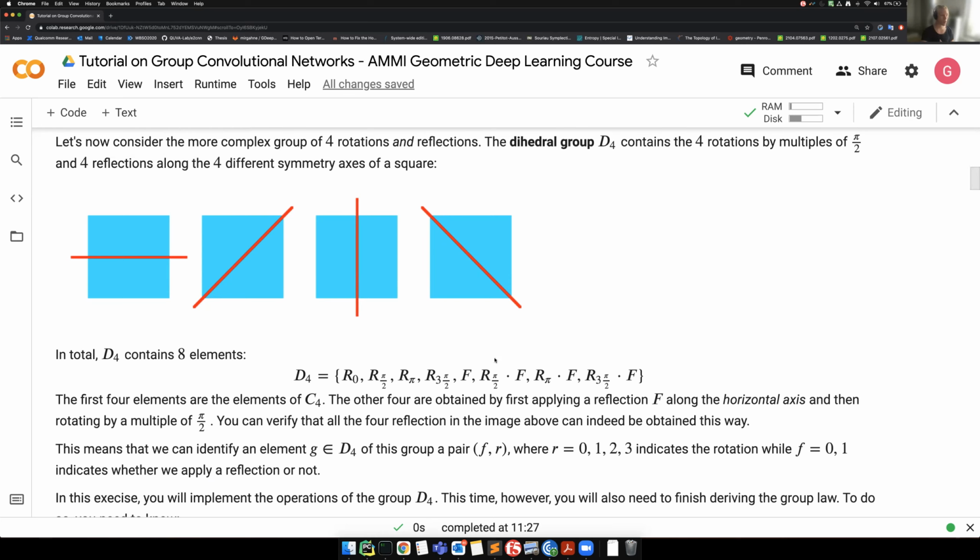So we can try an example. Suppose that you want to do this. You apply a reflection and then you rotate by pi. So this is equal to first applying this reflection and then doing this rotation. And what you can find is that this is going to be equal to a reflection along the vertical axis.